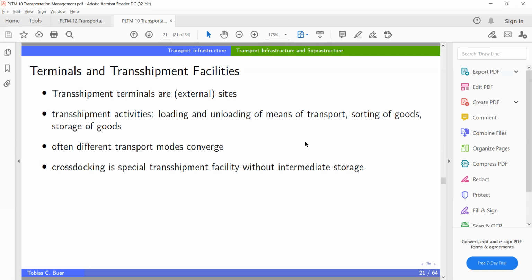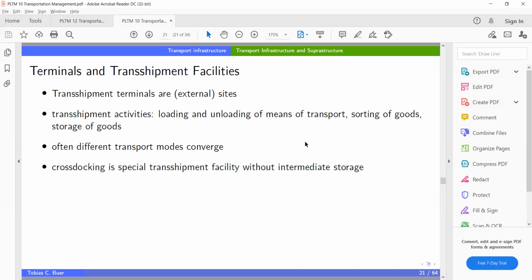But we also have transshipment facilities when the mode of transportation is not changed. So for example, we bring goods via ship to one port, and then in this port we unload the first ship and load the goods on a second ship.